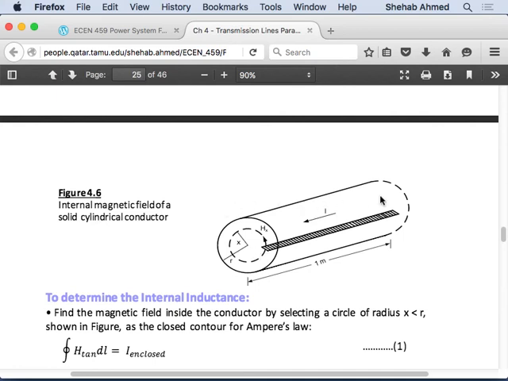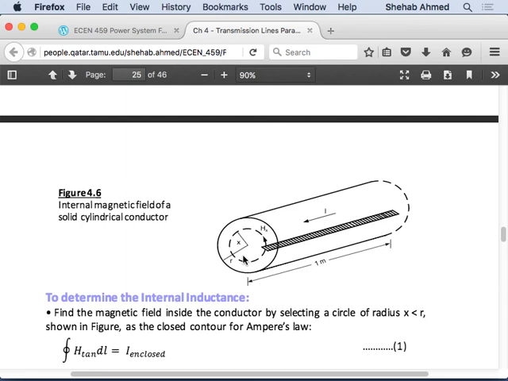Current I is what is flowing uniformly through this conductor with radius r. So current Ix, a portion of that current, is what is flowing through a circle at radius x from the center of the conductor, right?